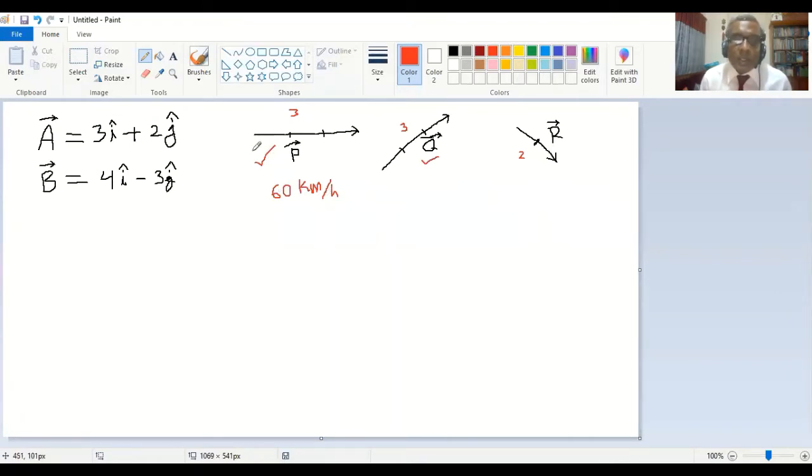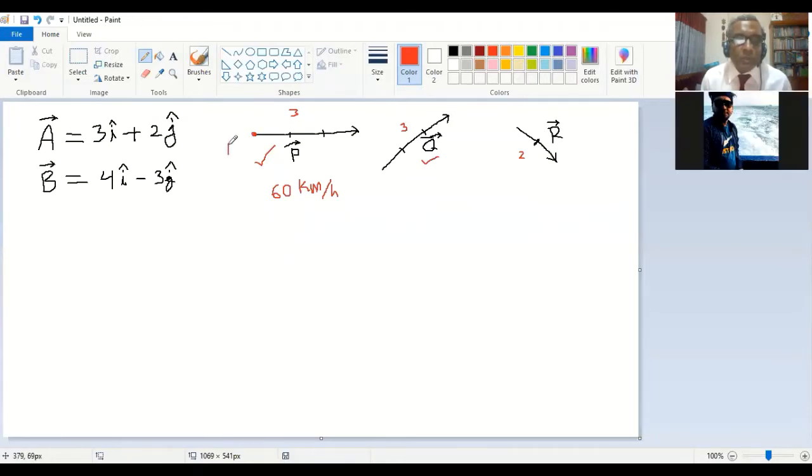And say this is the direction of that velocity, from Rajshahi to Dhaka.